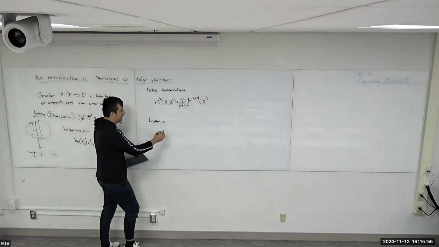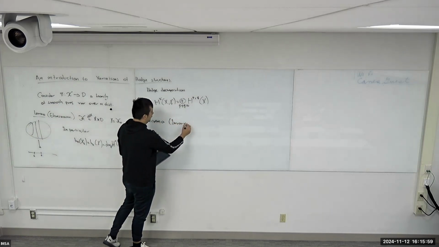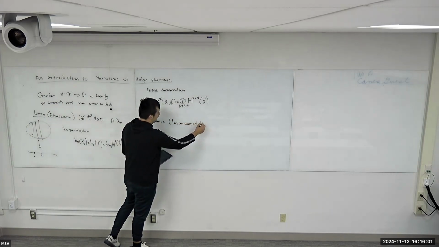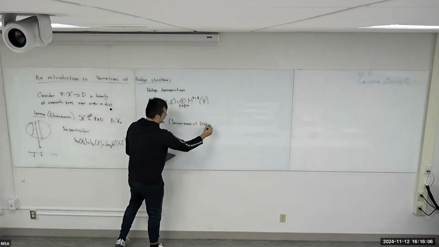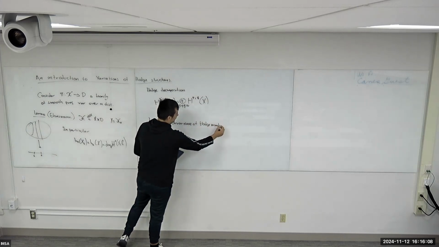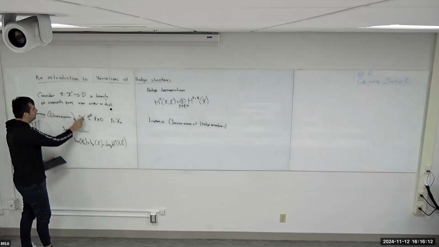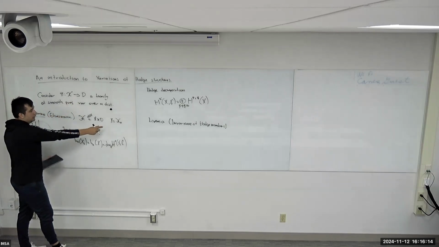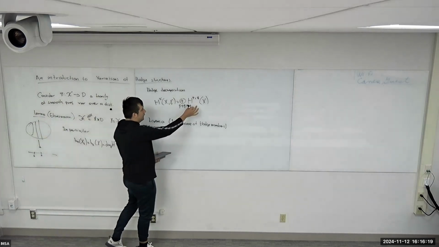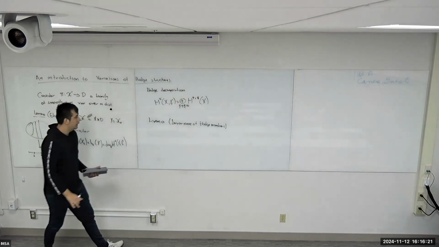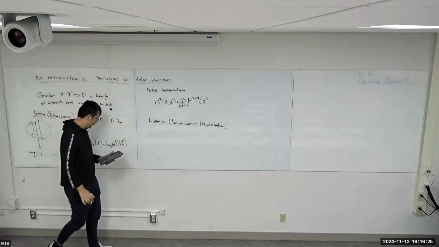Let me call this invariance of the Hodge numbers. This tells you that when you deform this X, the central fiber, the Hodge numbers, which are the dimensions of these subspaces, are going to be constant, just like this statement.